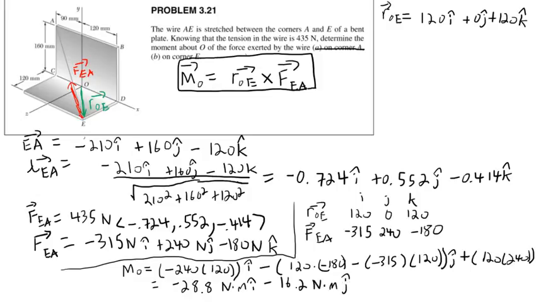And then 120 times 240 divided by 1,000 again is plus 28.8 Newton meter k. And that is our moment vector.